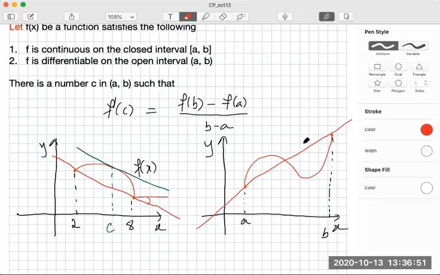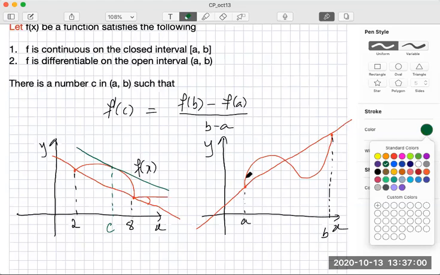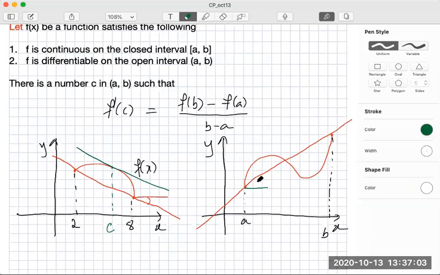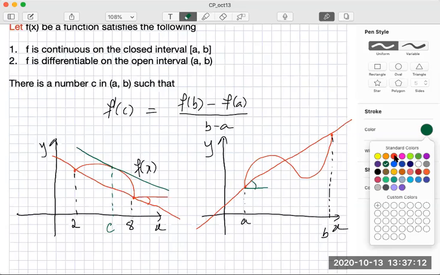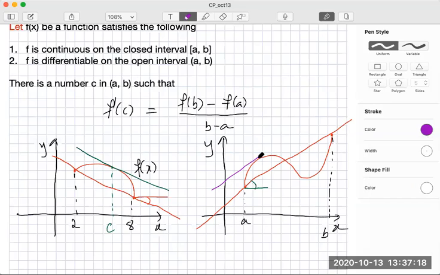Then we see that the slope of this, which is f(b) minus f(a) over b minus a, will be this slope, right? And the theorem says that there exists a point such that the slope at the point C will be exactly the same as the slope of this secant line.